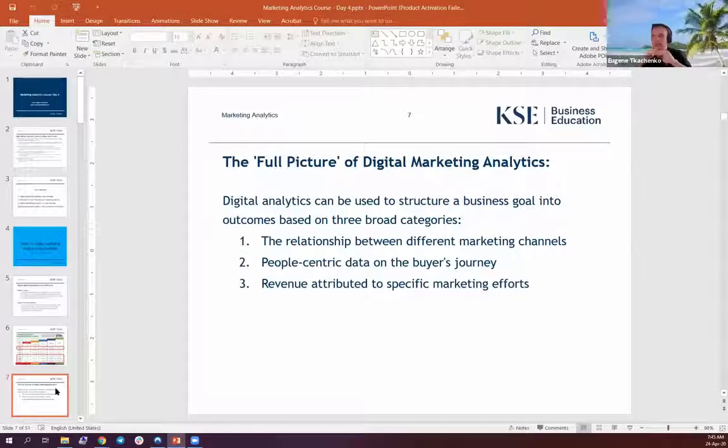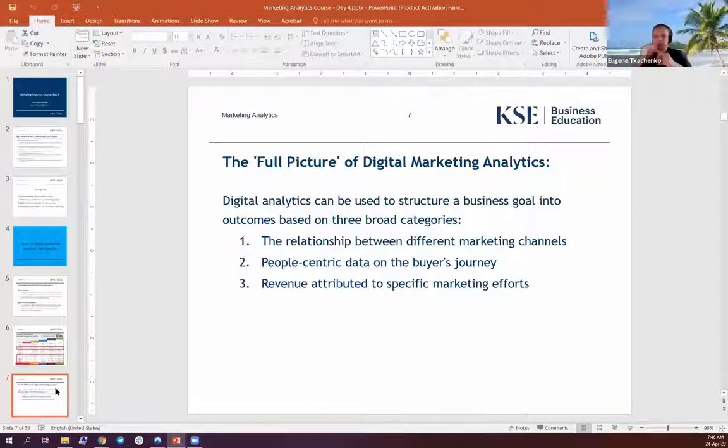So when we're talking about digital marketing analytics, we're trying to understand three things. First of all, the relationship between different marketing channels. So for example, radio, paid search, display advertising, bumper ads, ads you may see on YouTube, etc. But at the same time, we need to stay focused and centered on people-centric data based on the buyer's journey, so the customer journey mapping exercise.